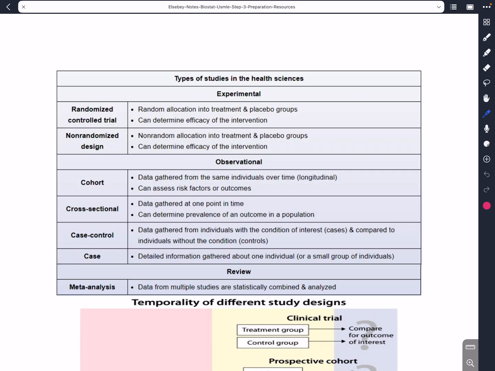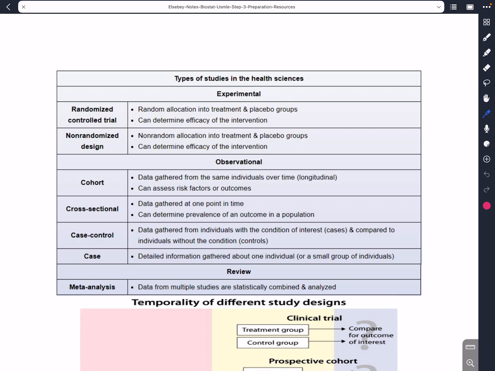Let's look at case control. Case control study. What is case control? So for case control, you need to have case and control. So control is individuals who would not have any condition. And case would be individuals who have the condition that you are looking for. So, for example, if you are looking for diabetes, in case control, cases would be people who are positive, A1C above 7.5%, and control would be who have A1C less than 6.5.